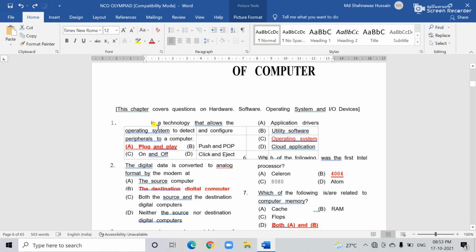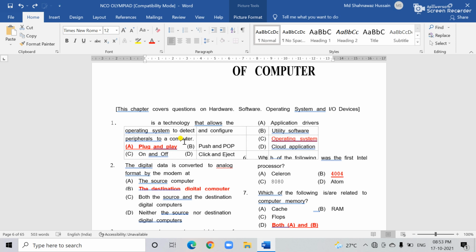Why? Because the question is, dash is the technology that allows the operating system to detect and configure the peripheral to a computer. The operating system is the main system of the computer. Without the operating system, the computer cannot start and cannot perform. So the operating system is basically required.